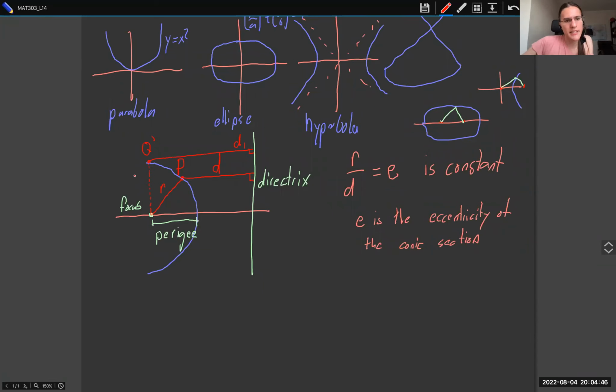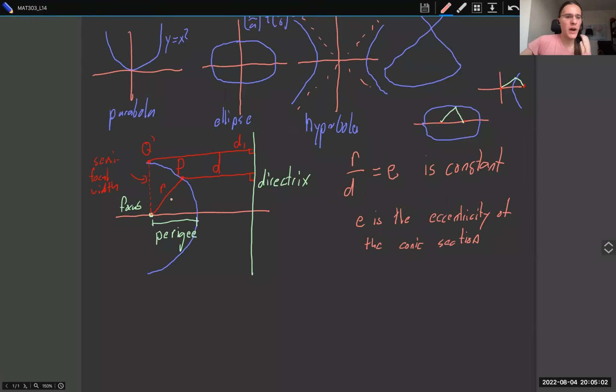And this is called the semifocal width. So we're doing a lot of conic section trivia today.